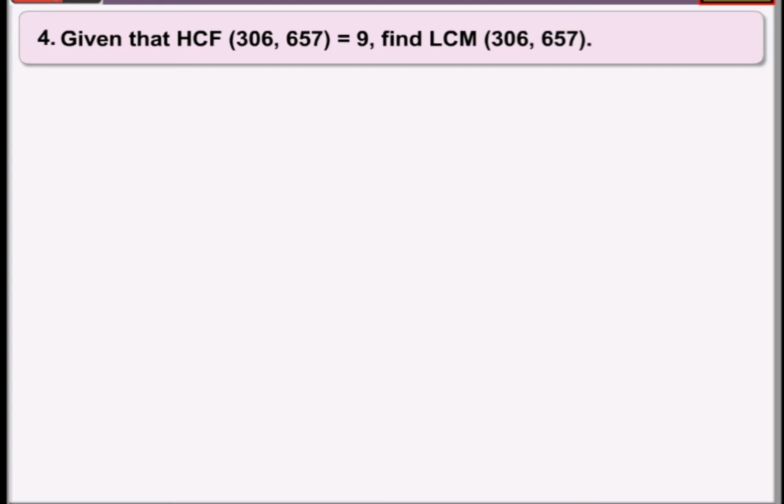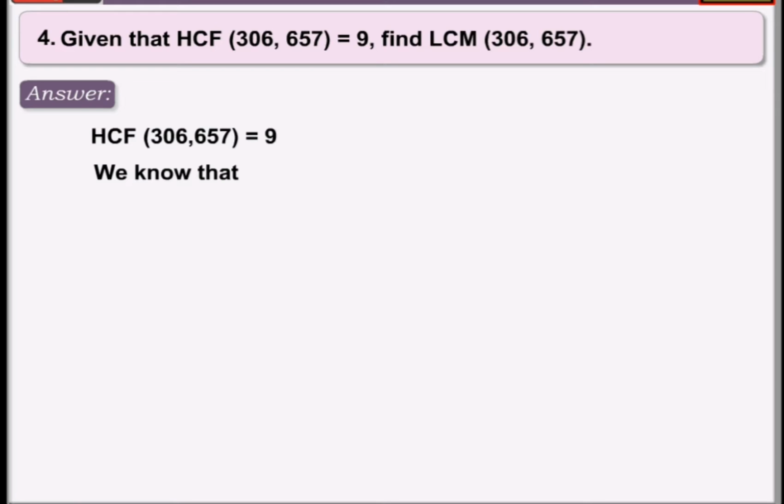Given that HCF of 306 and 657 is 9. Find LCM of 306 and 657. Answer. We know that HCF of 306 and 657 is 9. Well, you already know that LCM into HCF is equal to product of two numbers.